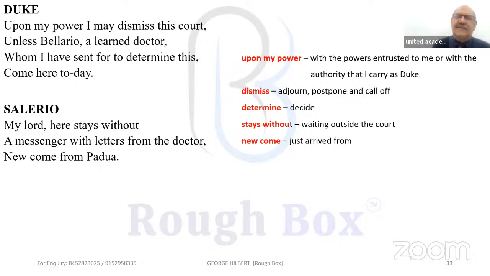So when the Duke says, as Duke of Venice, I can throw the case out, scrap it, destroy it altogether, unless Bellario, whom I have sent for, comes to decide this case, Salerio says, waiting outside is a messenger from Dr. Bellario, and he's got letters, probably a letter to the Duke. And he's just come from Padua. Remember, Bellario is from Padua.